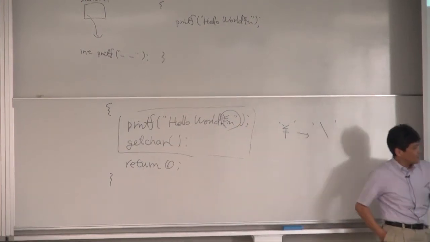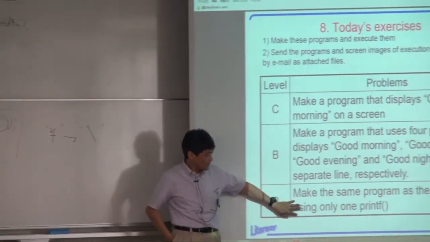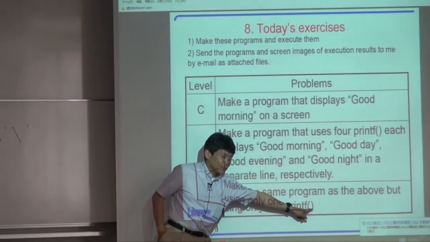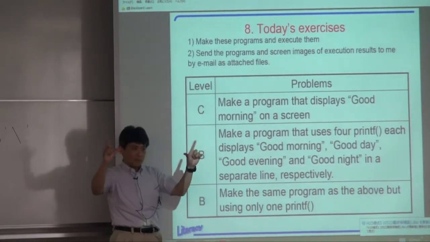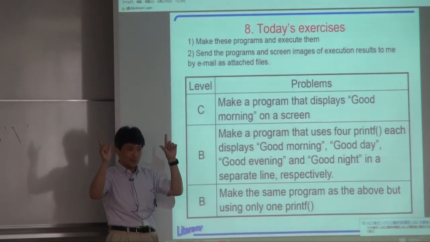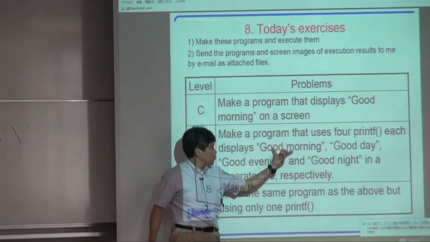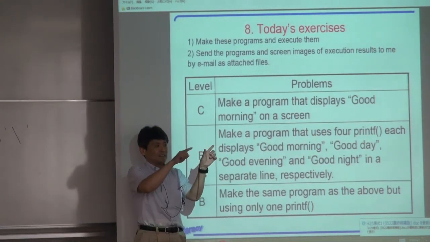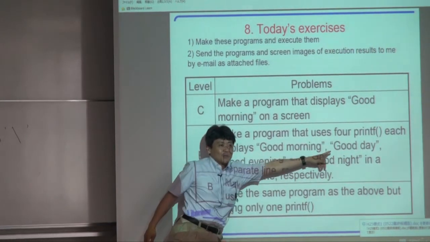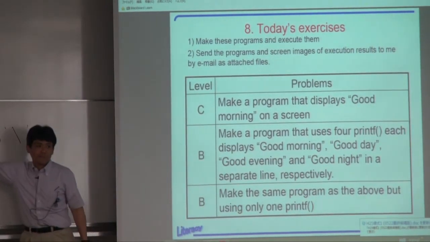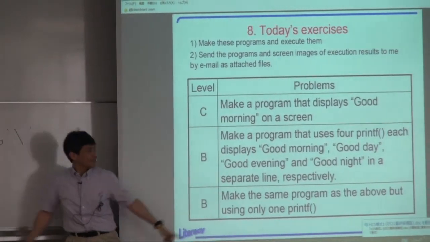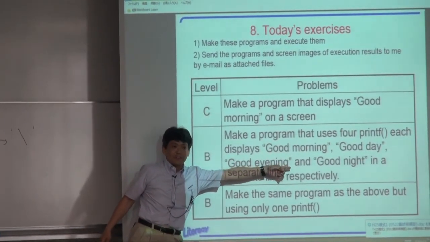In this case, inside one argument, this is one string, and this, and this string, and this, and third string, and this, and fourth string.